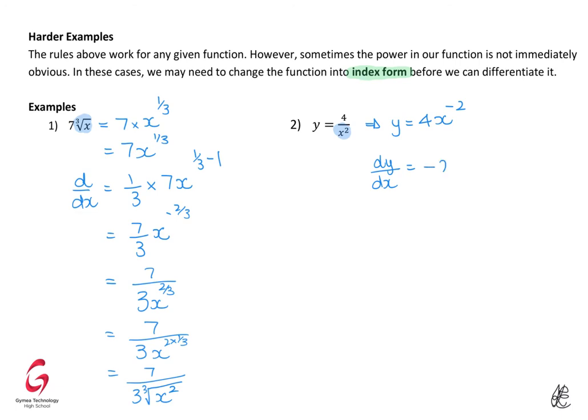I'm going to bring that -2 down the front, multiply it onto my entire function, but take one more off that power. And so this time you'll notice that it ends up more negative. And so that I match my original question format, I am going to use my index laws to rewrite that back in its reciprocal format.